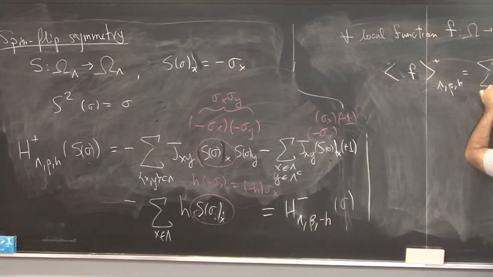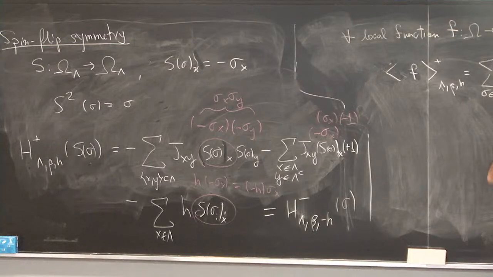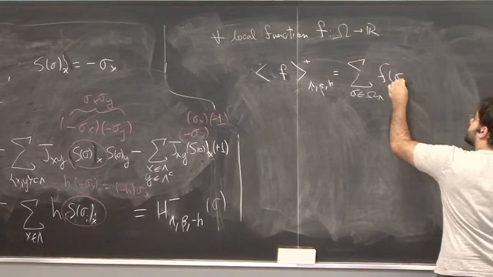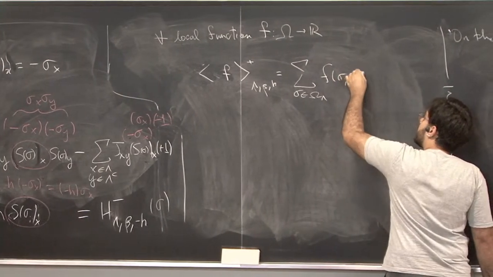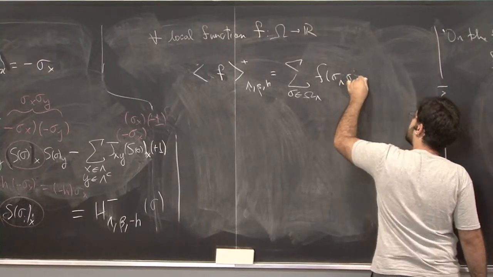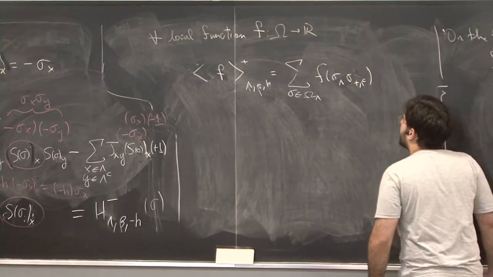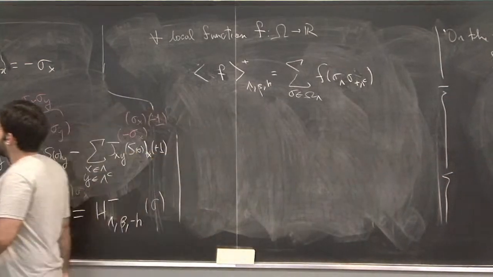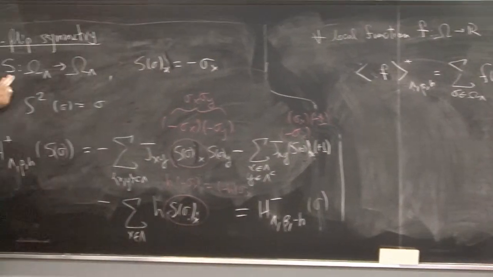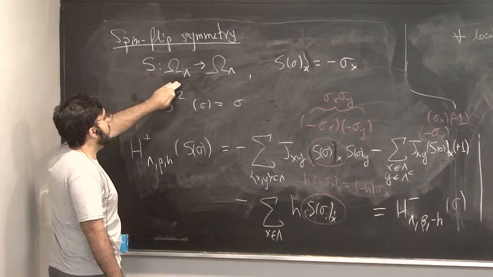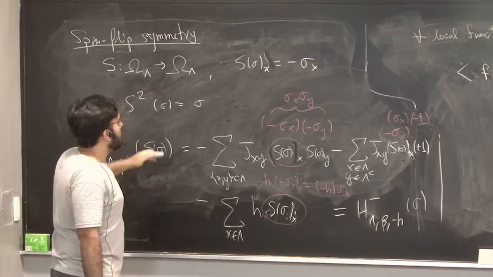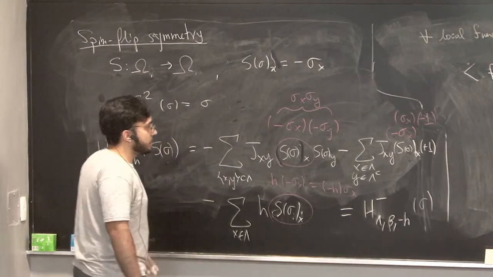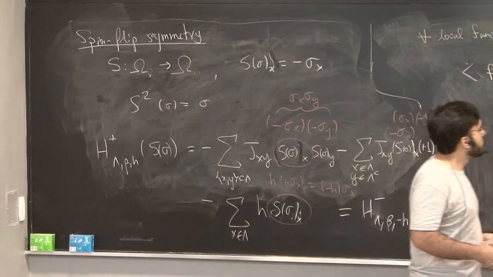As the sum over all the configurations of f of sigma, and now I complete with the plus boundary condition. Notice I defined this only for the local configuration space, but you can define it for any configuration space, including the configuration space on the whole set.